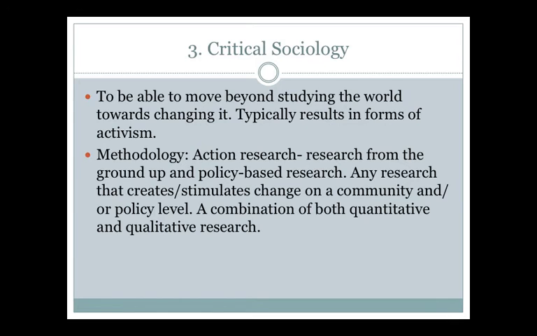And it can be a combination of both quantitative and qualitative research, meaning that you can use statistical information as well as in-depth interviews as a way of making change.